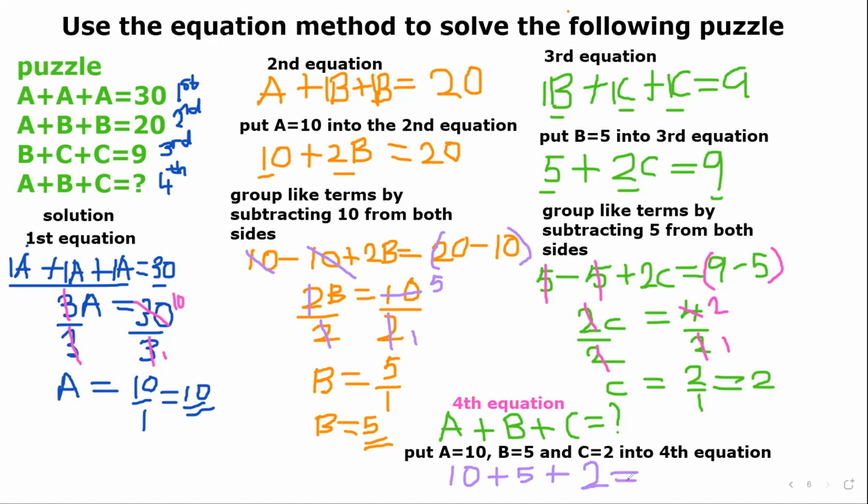And the final answer will be: 10 plus 5 is 15, plus 2 is 17. Okay, so that is the 17. Good. So that is how we solve the puzzle questions here.